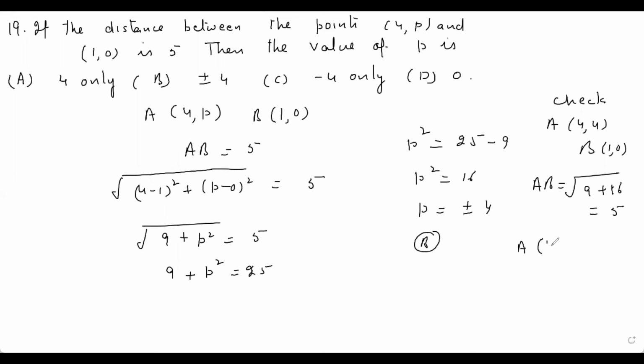If A is (4, minus 4) and B is (1, 0), then the distance between A and B is equal to: 4 minus 1, 3, 3 whole square means 9, plus minus 4 minus 0, that is minus 4 whole square, that is 16. So again, this will come out to be 5. So we have 2 values of p, that is plus minus 4. In both cases, the distance will be equal to 5.